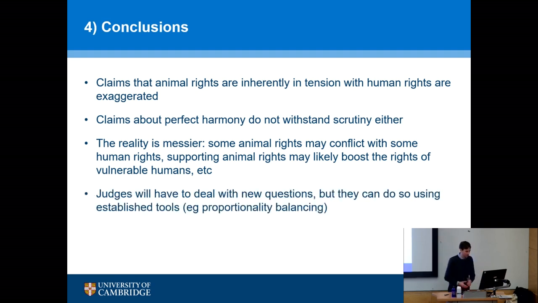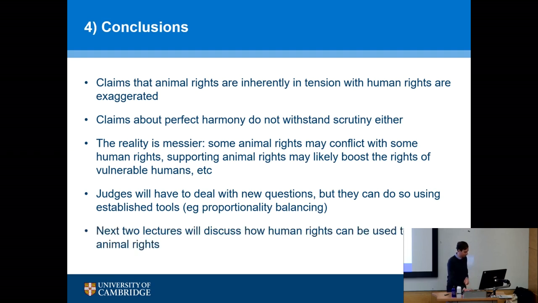Ultimately, it will be judges who will have to deal with these new questions. But again, they don't have to reinvent the wheel. They have some existing tools that they can use, such as proportionality balancing, that they have already successfully applied in other domains. And there's nothing here suggesting that this couldn't work with regard to animals.